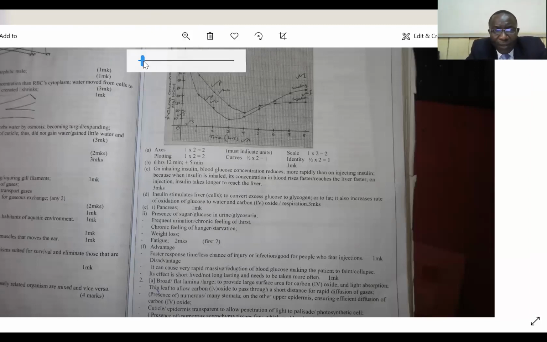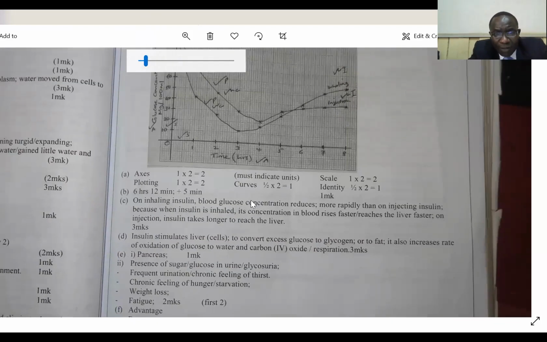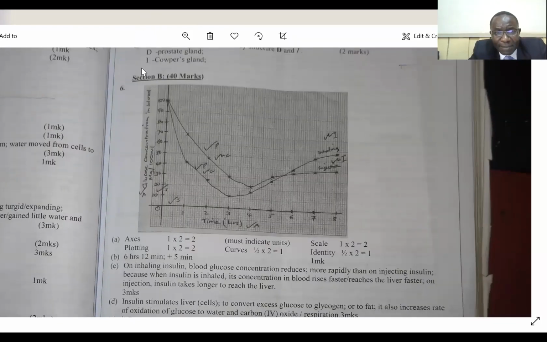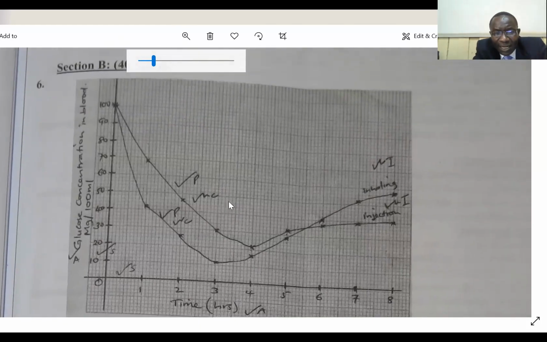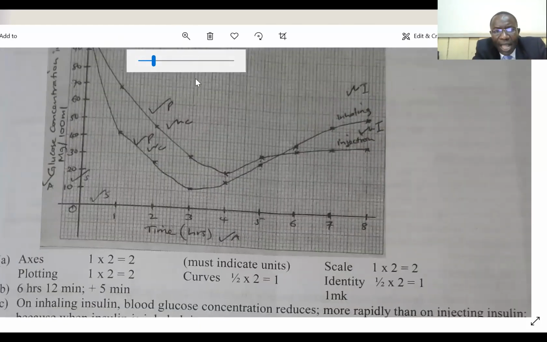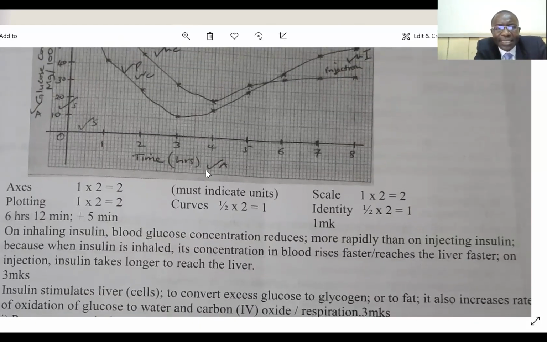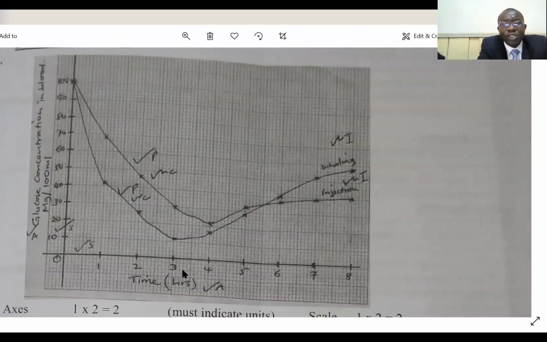And if you check the marking scheme clearly, my marking scheme is down there, you will find that axis is given 1 mark. And how many axes are we talking about? We are talking about 2 axes, which gives you 2 marks.